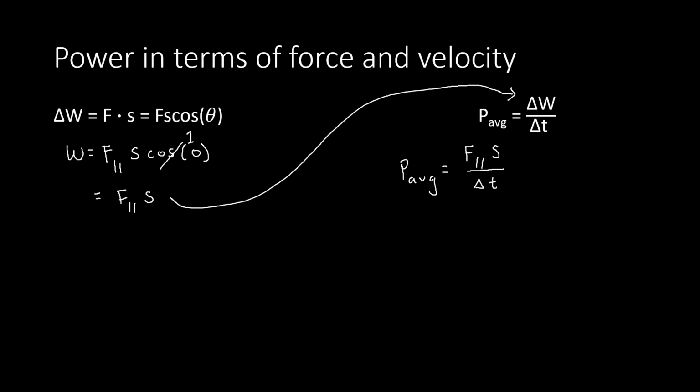And what we can see here is that we have displacement over time. And if you recall from Unit 1, this is our velocity formula. So we have the average power is equal to the force times the average velocity. With this formula, let's try to solve some problems.